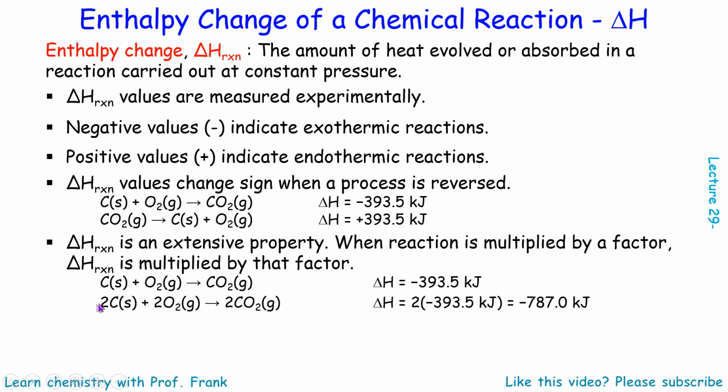Now, if we multiply the first reaction by 2, 2 carbon, 2 oxygen, then 2 carbon dioxide, we have to do the same for delta H. 2 times negative 393.5 gives us negative 787.0 kilojoules.